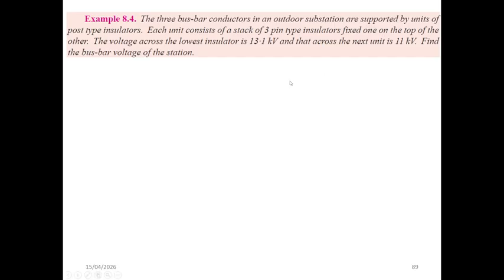So using this information, the objective is to determine the total bus bar voltage of the station. And this example also highlights how voltage is unevenly distributed across insulator units and demonstrates the method of calculating the overall system voltage based on individual unit voltages.